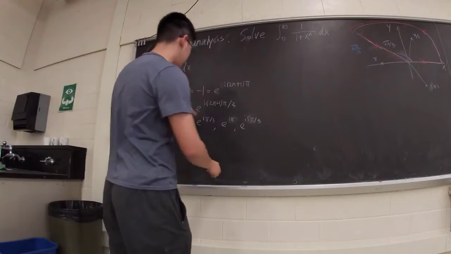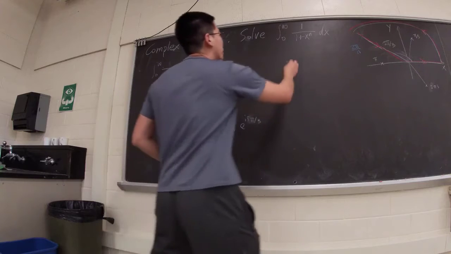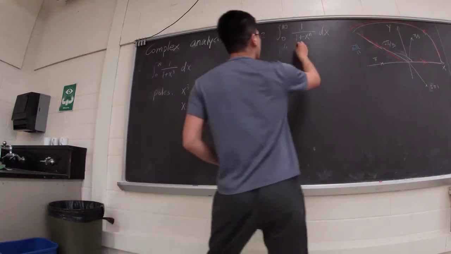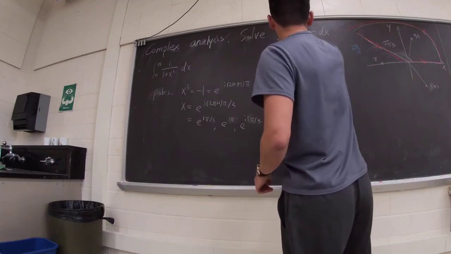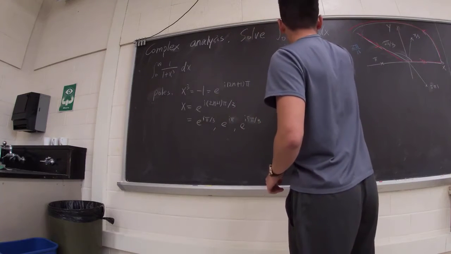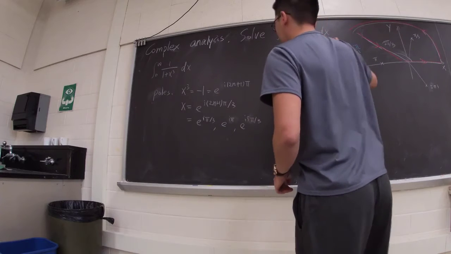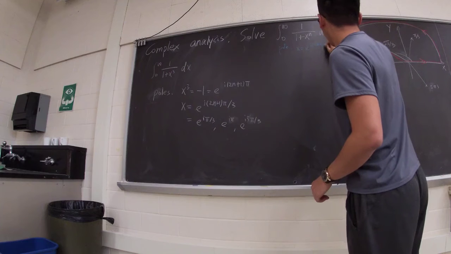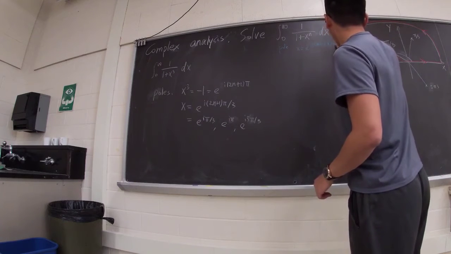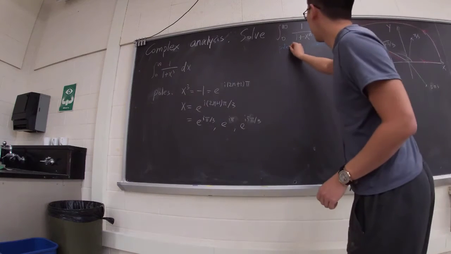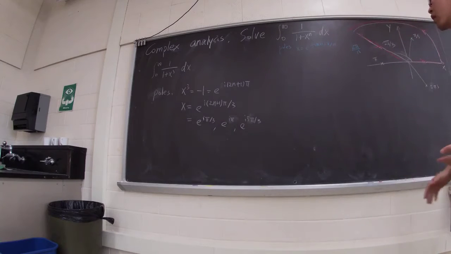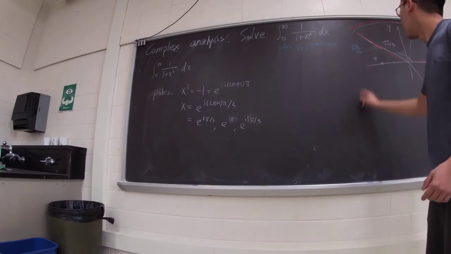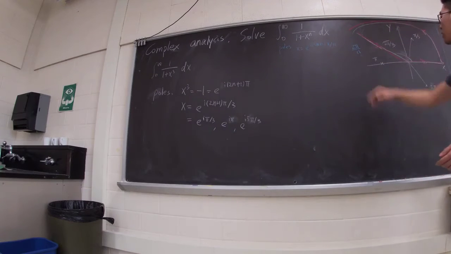The pole will be at x equals e to the i (2m plus 1) pi over n, where m is another integer. And the contour is that real line and circle.